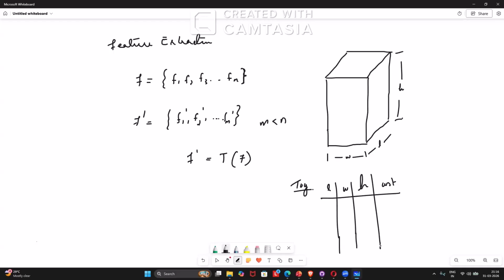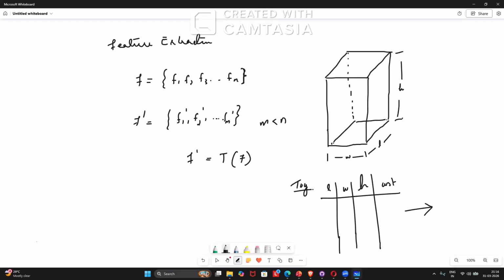Cost. So here we have three features and one target, right? Can we do the same thing with a smaller number of features? Calculate the area, or volume, basically.